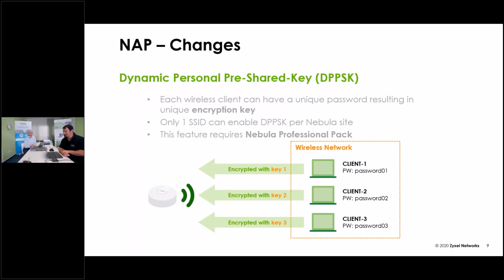What that means is that each wireless client can now be assigned an absolutely unique encryption key without changing the SSID, meaning that you propagate one SSID with multiple passwords, depending on which user is logging into that respective SSID. There's a limitation, however, that you can only set up one SSID per Nebula site to have this DPPSK enabled, and this feature requires a Nebula Professional Pack.